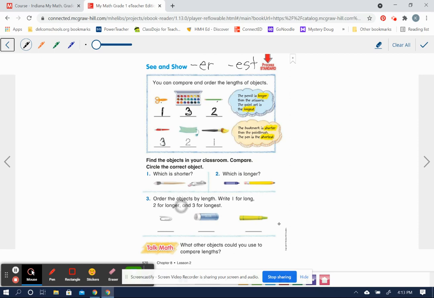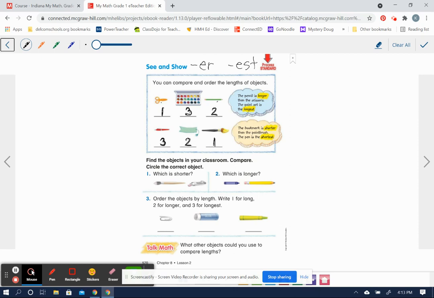So it's easiest to start with the shortest item and write a number 3. Then when we compare the next two, the bookmark is shorter than the paintbrush, so it's number 2. And then the paintbrush is last, so it's number 1.